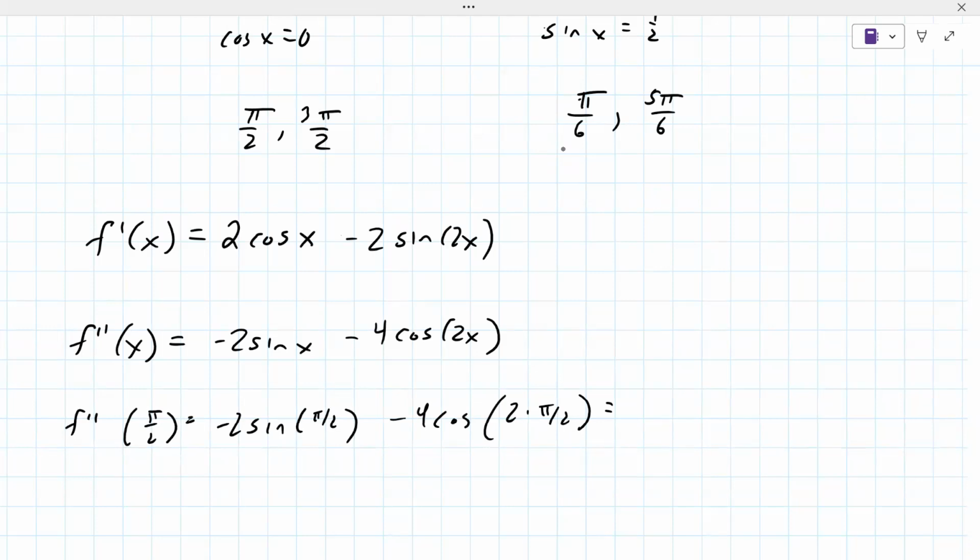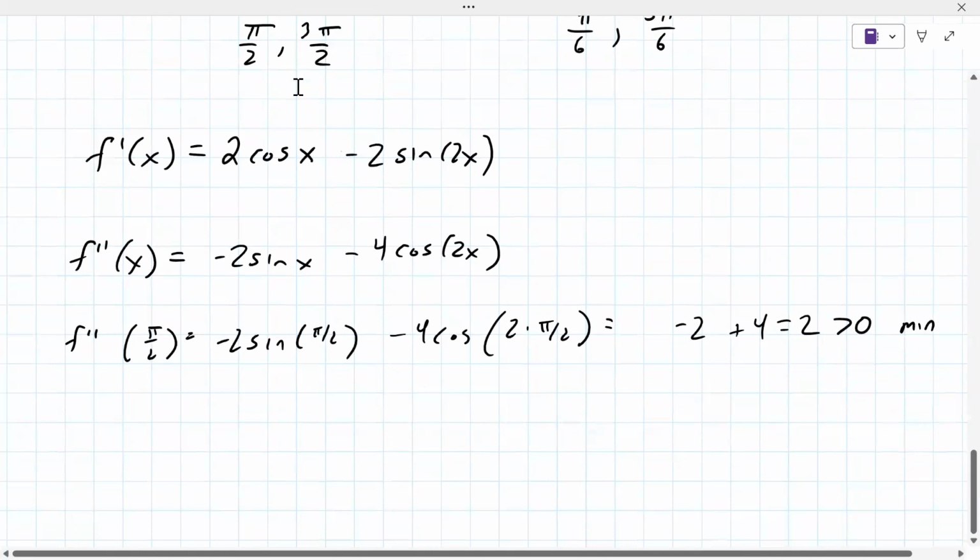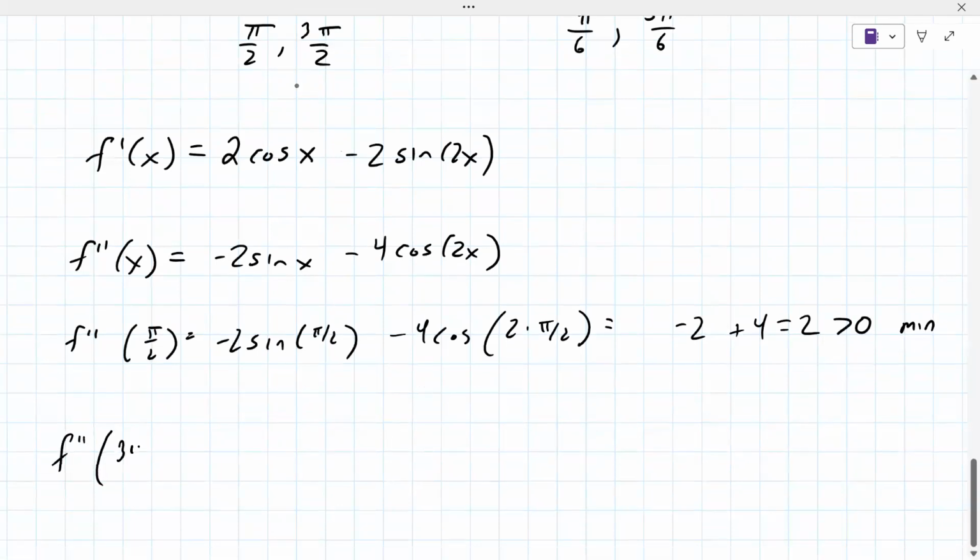It'd be negative 2 minus 4 times cosine of pi, which is negative 1, so it'd be plus 4, which equals 2. Since that's greater than 0, this is a min.